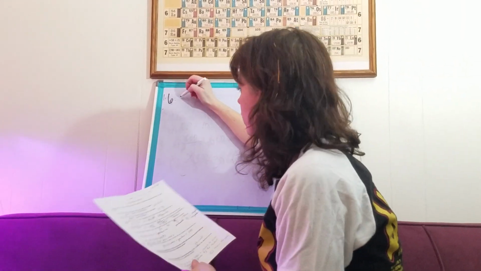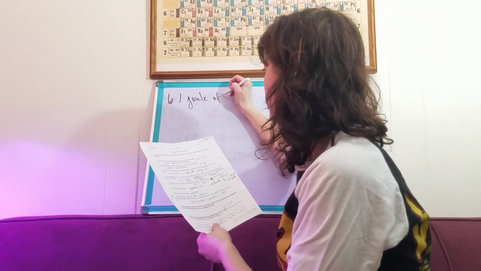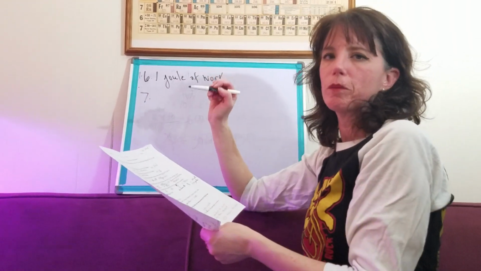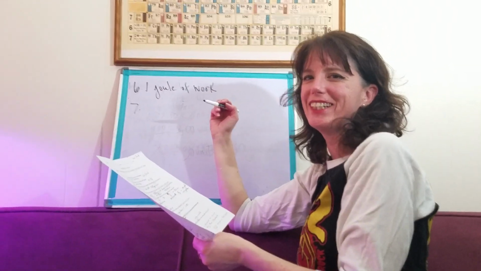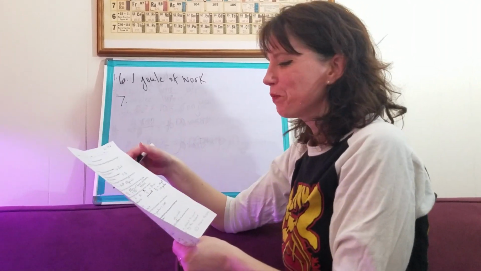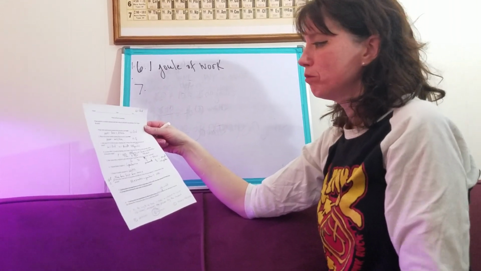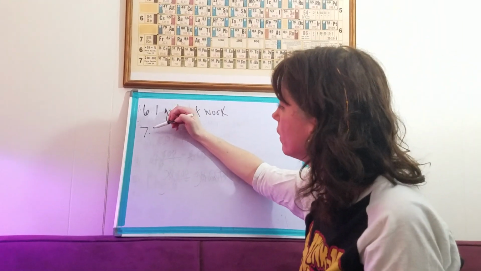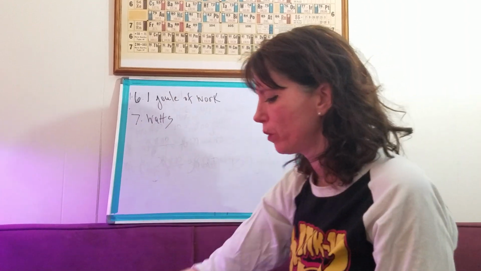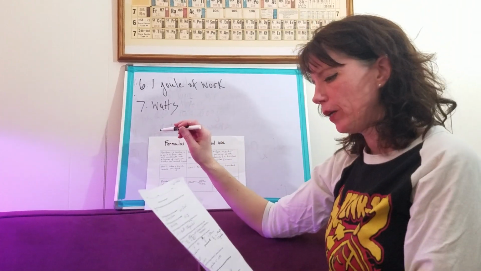Number 6, 1 Newton meter is equal to 1 joule of work. Okay. Is your arm getting tired? Sorry, my husband is videoing this and his arm's getting tired. Okay. Number 7, power is usually measured in, we discussed this, watts. And you could look at your graphic organizer to easily see that. It's watts.